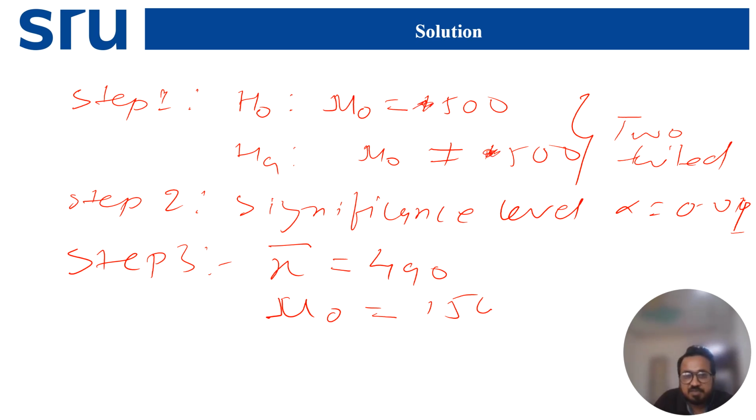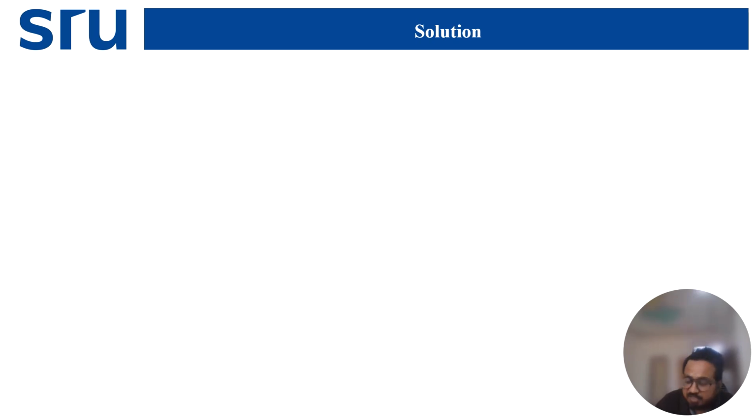Right? So mu naught is equal to 500. Now what is the value of sigma? The standard deviation is given as 15, right? And n is equal to 30 in this question, right? Now we again apply the Z statistics formula for the large sample. What is that formula? The Z statistics, or you can say the Z calculated value.